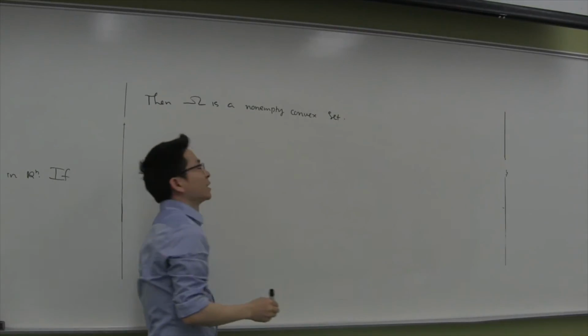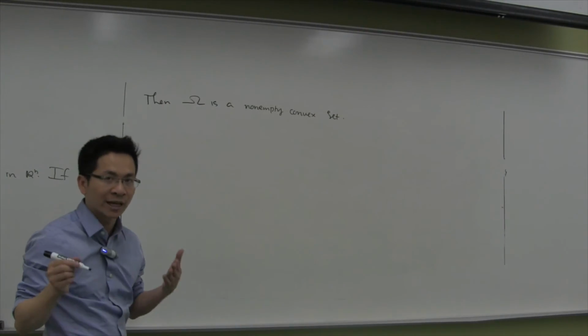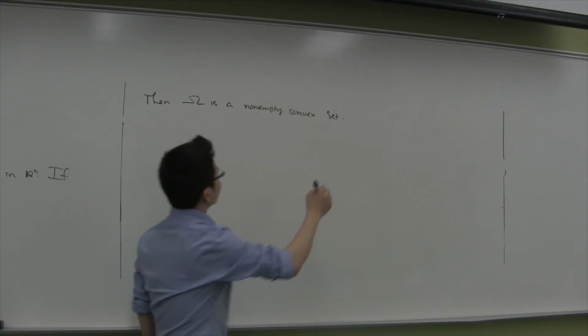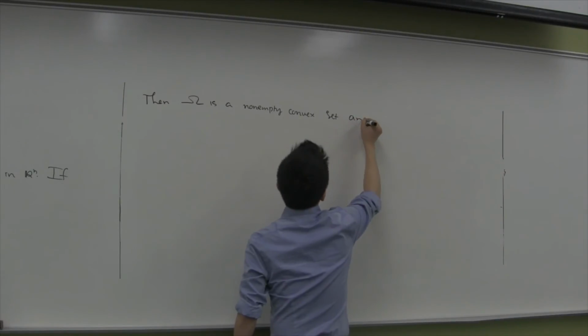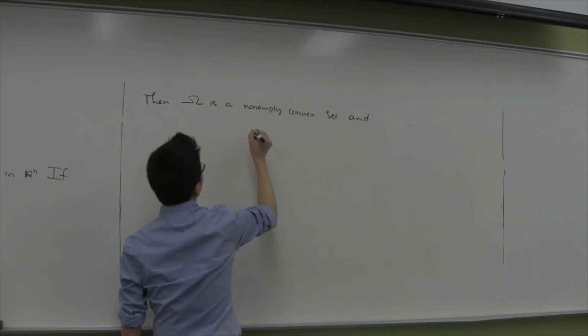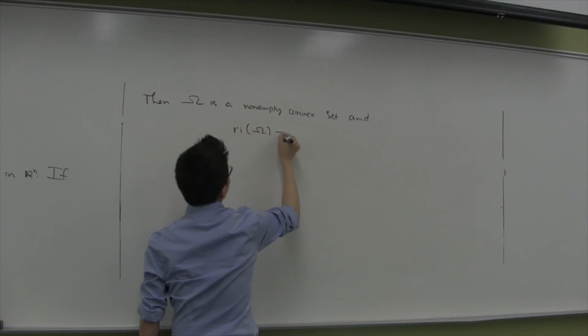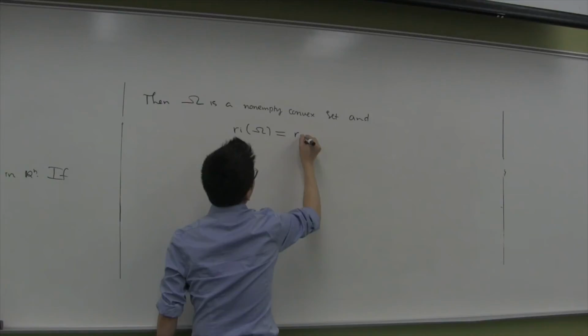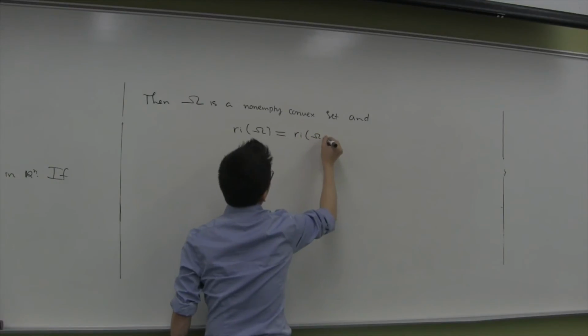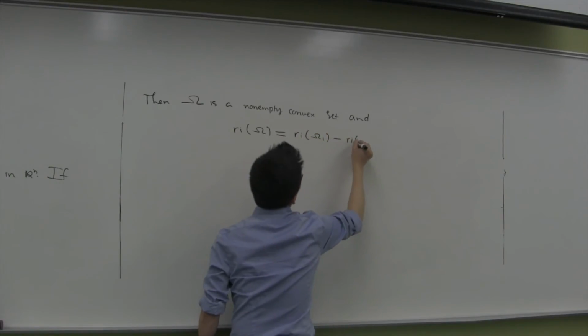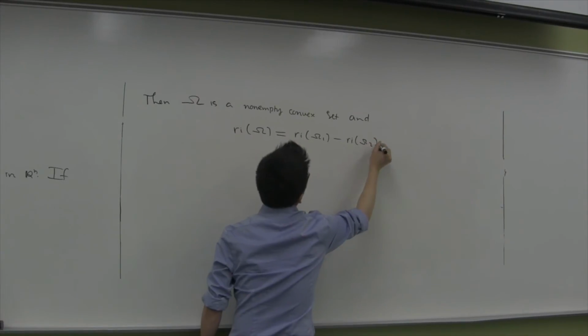We can prove this by using the definition of convexity of sets. And we know earlier that the relative interior of omega is equal to the relative interior of omega 1 minus the relative interior of omega 2.